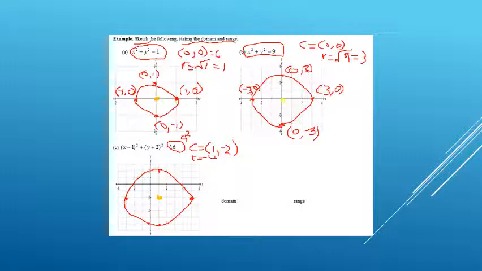So we're asked to also state the domain and range for each of these. So I'm going to put here domain and range. This might change colour. For A, the domain is what x values we're using here. All the x values from -1 through to +1. So this is the domain.